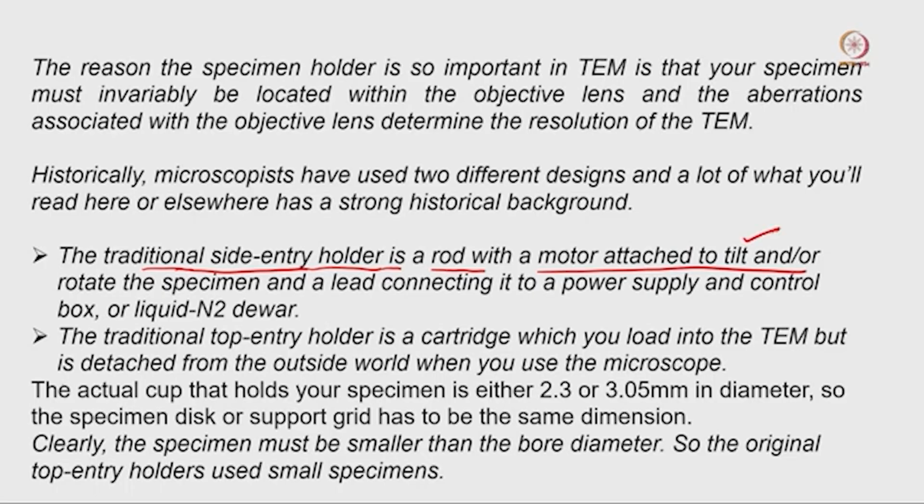Sometimes you can connect this holder with a liquid nitrogen dewar. Heating is also possible, because some samples are heat sensitive and you want to see the morphology change of the sample during heating. So there are different types of holder available.